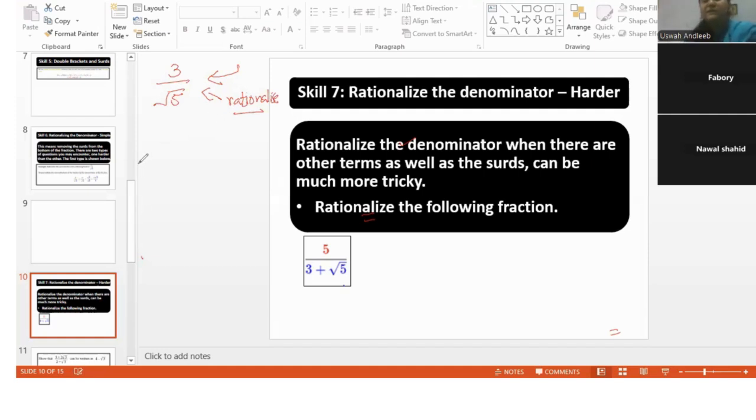Okay, so what does rationalization mean? This is a class 3 concept. This is the numerator and this is the denominator. The concept of rationalizing is that I remove the under root sign, the square root sign, the surd sign from the denominator. I have to do something so that I can remove the under root sign from the denominator.